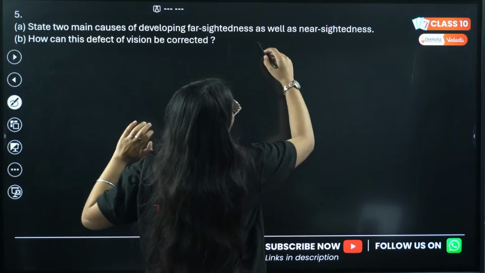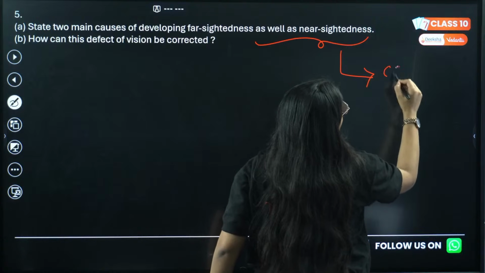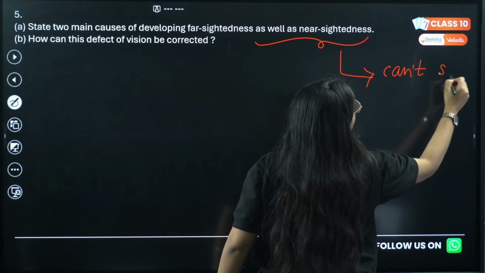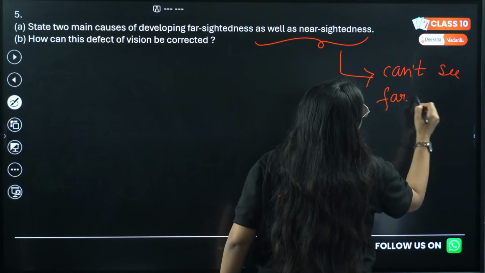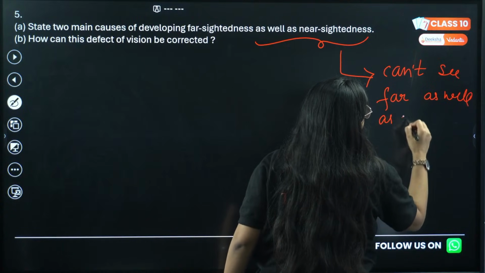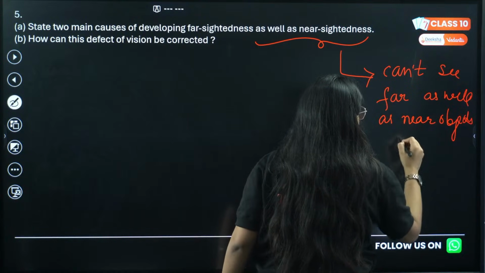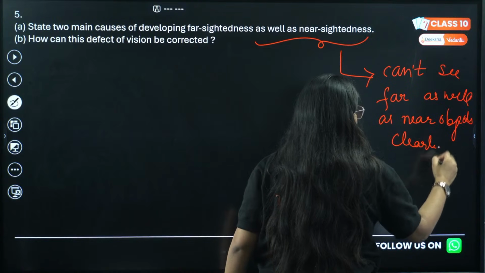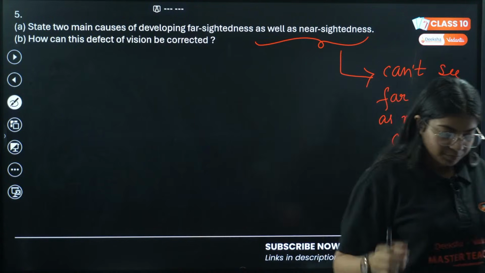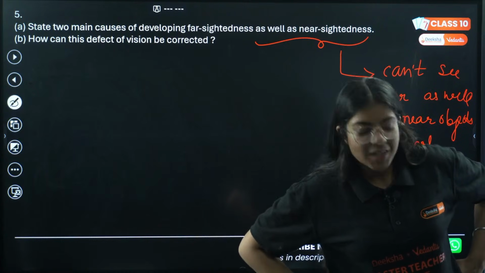Let me give the answer to the question as a person can't see far as well as near objects clearly. Now give me the answer. Wait. Give me the answer now.